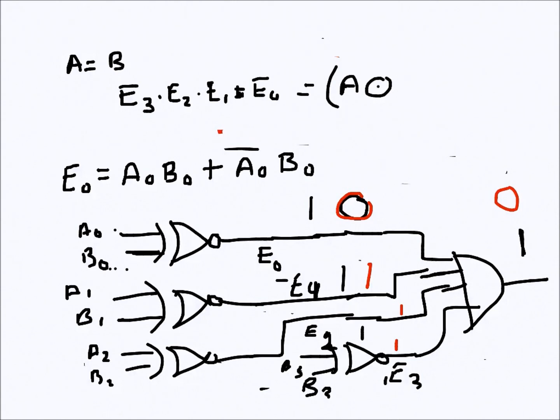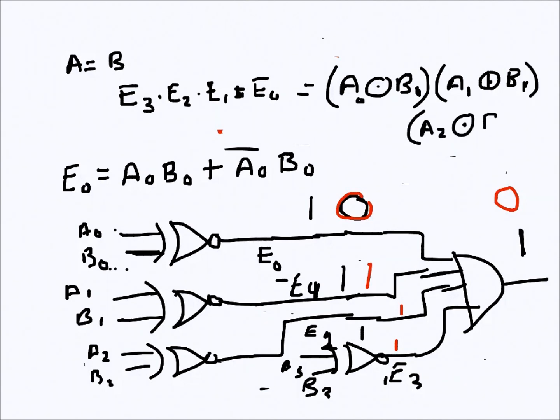If I don't want to write the E expression, I write A0 X naught B0, and they're all ANDed: A1 X naught B1, A2 X naught B2, and then ANDed A3 X naught B3. That's how all of them are ANDed here, and that's the test of equality. So we can say A is equal to B.